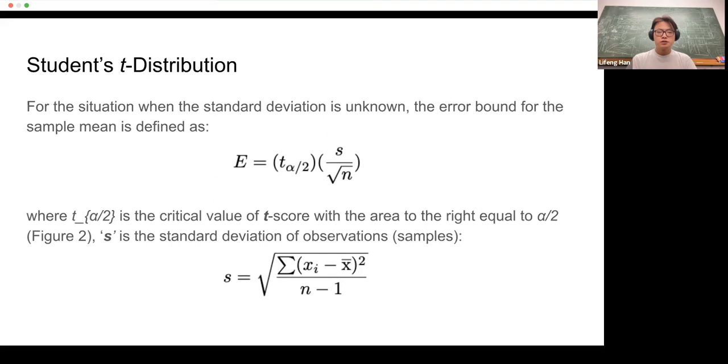For the situation when the standard deviation is unknown, the error bound for the sample mean is defined as below, where t alpha divided by 2 is the critical value of the t-score, with the area to the right equal to half alpha in figure 2, and s is the standard deviation of the observations.